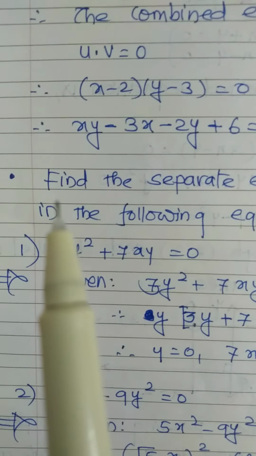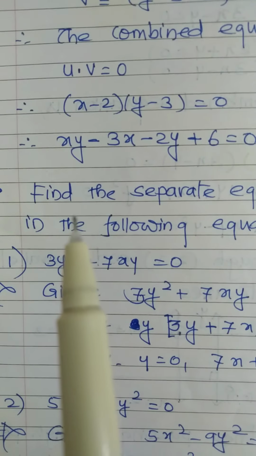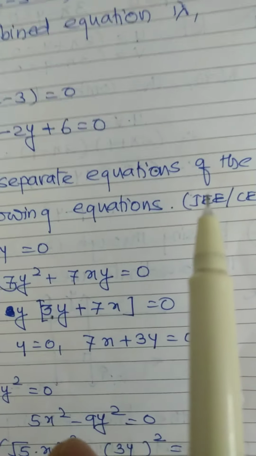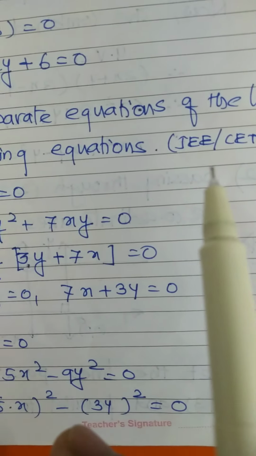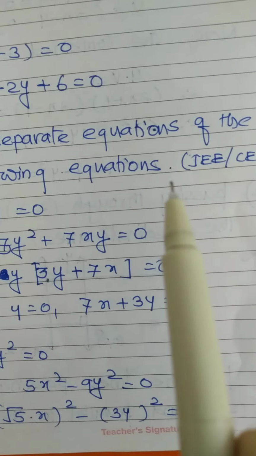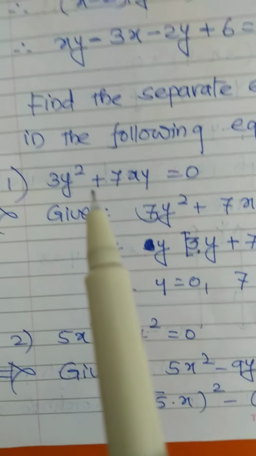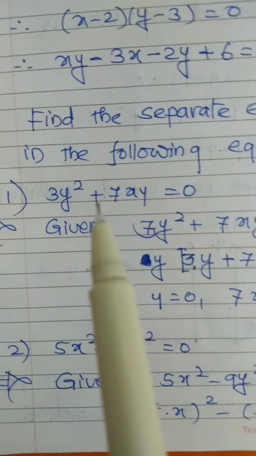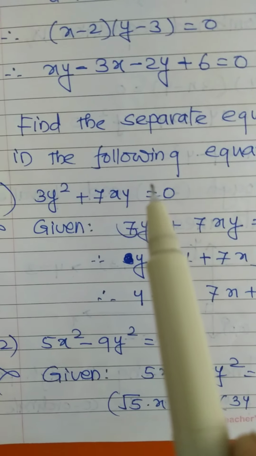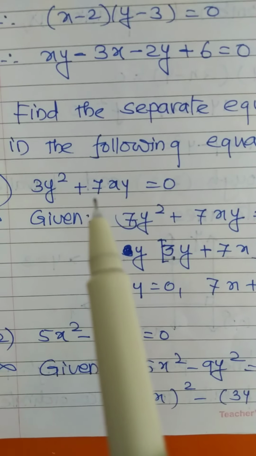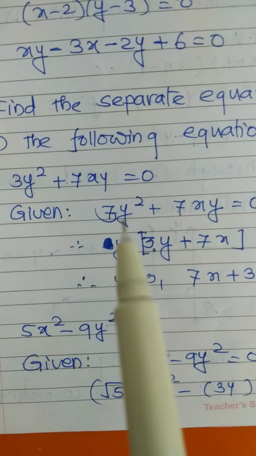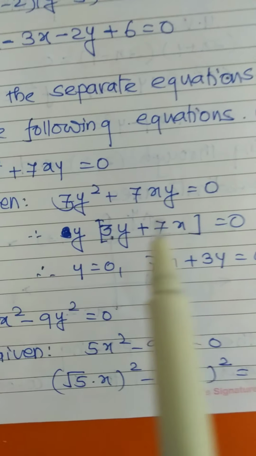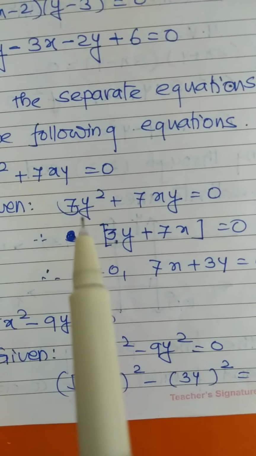Now the next question: find the separate equations of the lines from the given combined equation. Once again, these questions are important from the point of view of JEE and CET. The first equation is 3y square plus 7xy equals 0. Simply take y common.